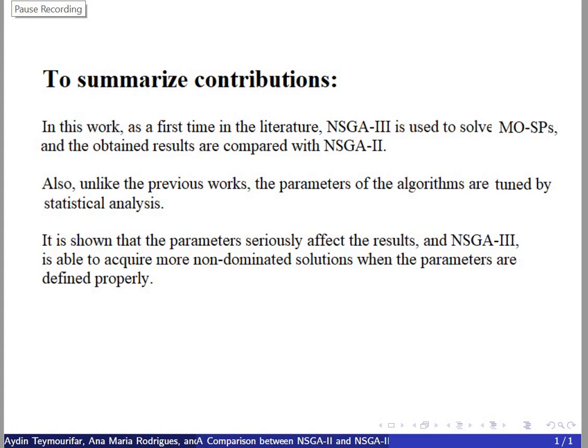Also, different from previous works, the parameters of the algorithms are tuned by statistical analysis. It is shown that the parameters seriously affect the results, and NSGA-III is able to acquire more non-dominated solutions when the parameters are defined properly.